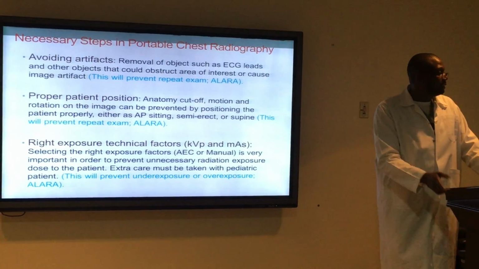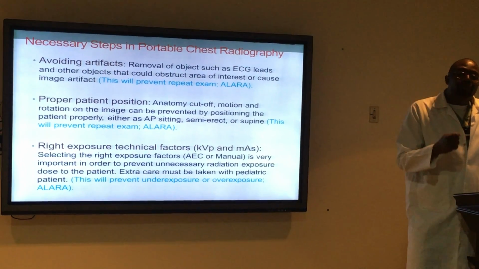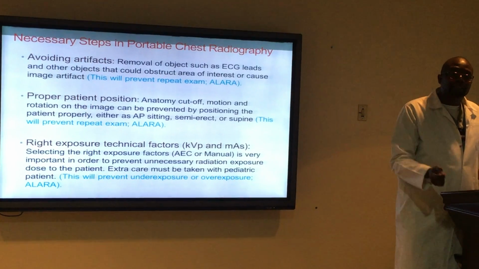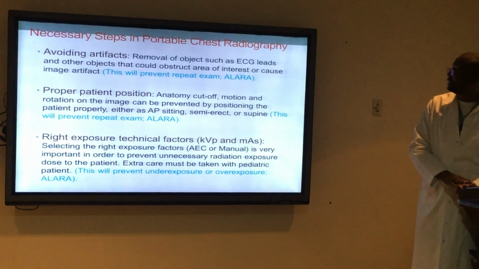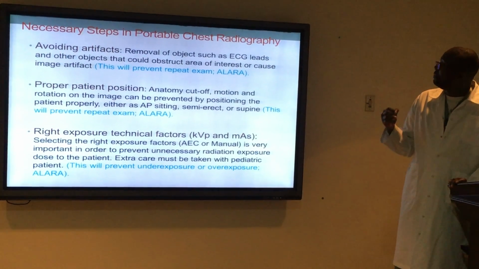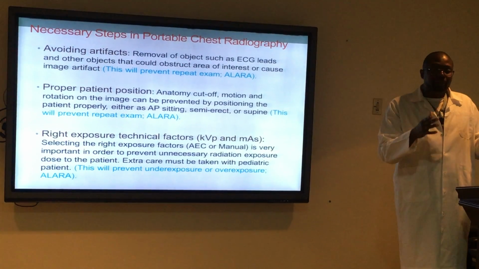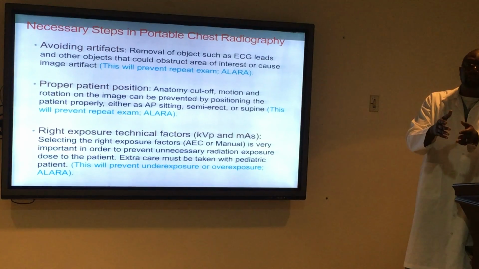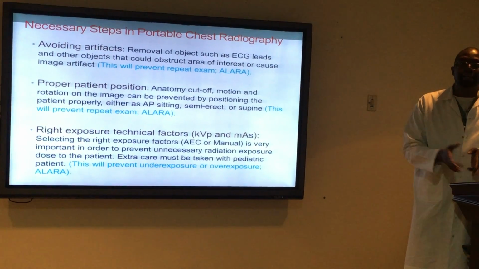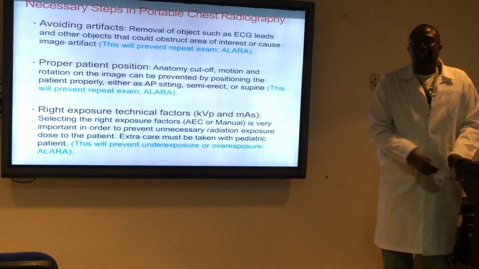We'll continue with the necessary steps. You have to try as much as possible to avoid artifacts on your image. How do you do that? You have to make sure you remove objects like the ECG leads and other objects that will show up as artifacts, or that are not supposed to be in the area of interest of the image you are obtaining.